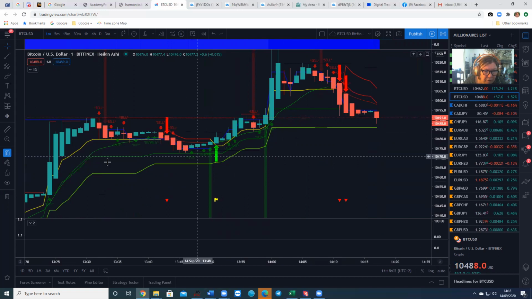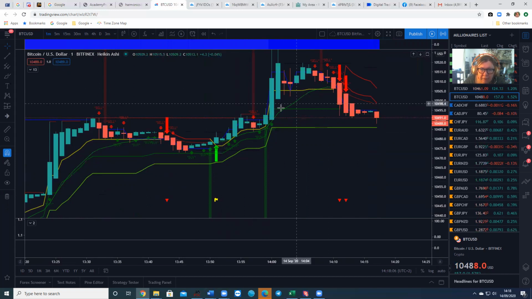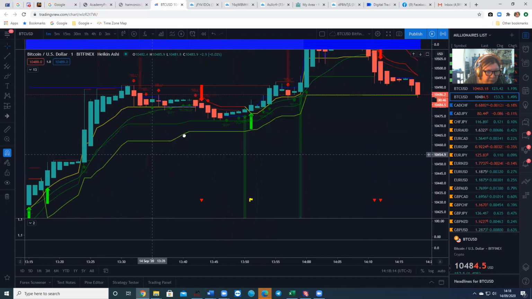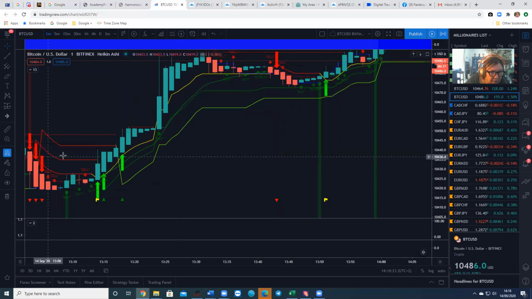If you follow the mid line, I know they can get a little bit confusing. So it turned. The top, you see the red turns to green, the top one, and then that one turns to green, and then that one turns to yellow.